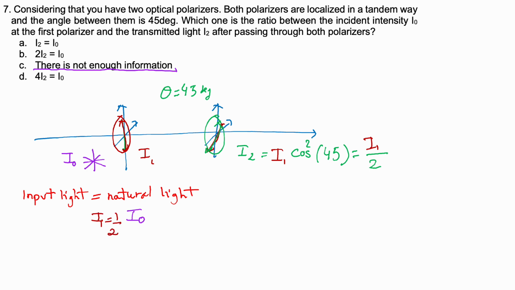Now if we plug that in here, it's going to be 1 over 2, and then 1 over 2 times our input intensity.